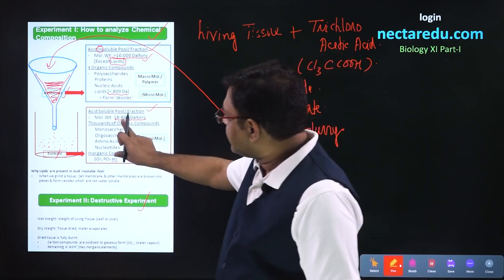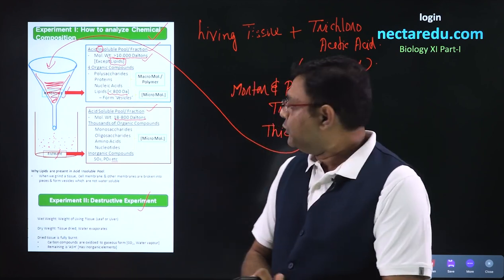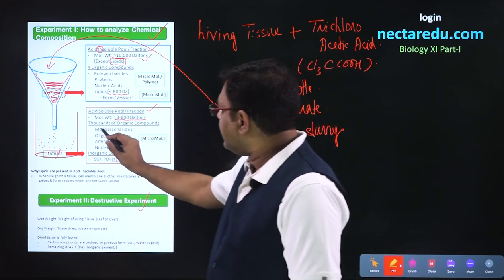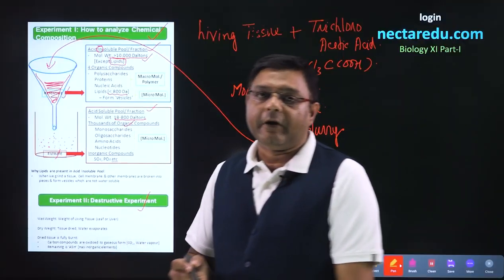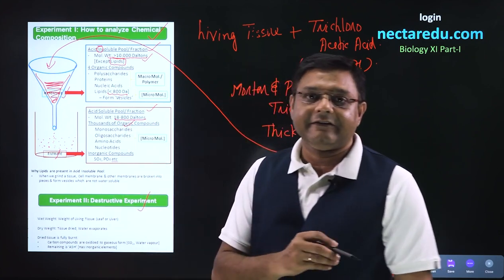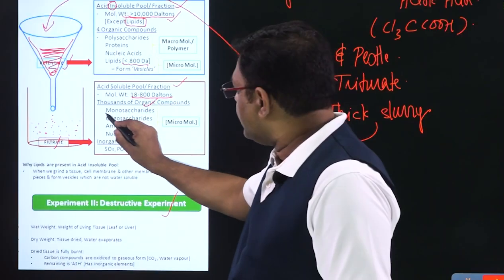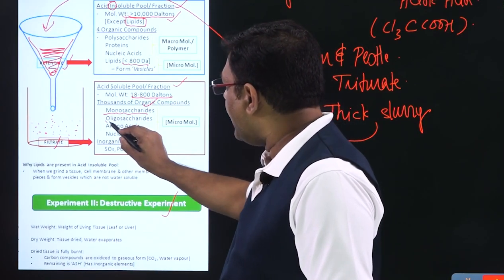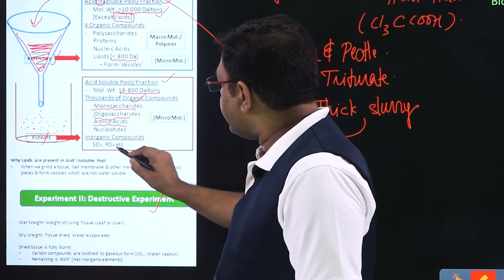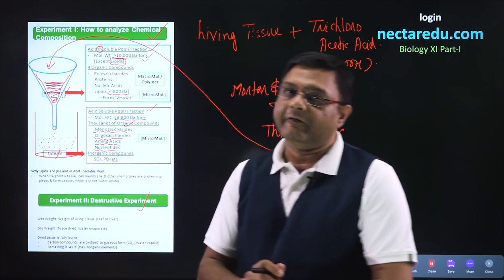Now the substances which will be present in both the pools, first let us talk about the acid soluble pool. So there will be thousands of organic compounds which will be present over here having molecular weight less than 800 dalton. So monosaccharides will be present here, oligosaccharides will be present here, then amino acids will be present here and nucleotides will be present here.